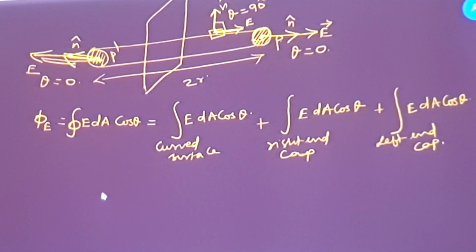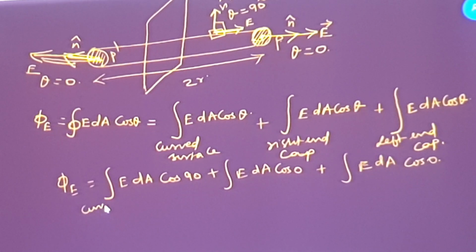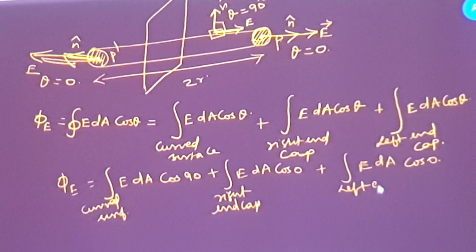Now flux phi E is equal to integral of E dA cos 90 for the curved surface, plus integral of E dA cos 0 for the right end cap, plus integral of E dA cos 0 for the left end cap.